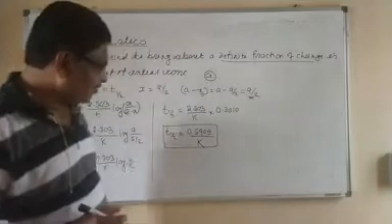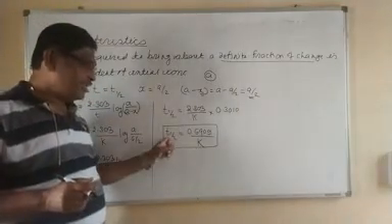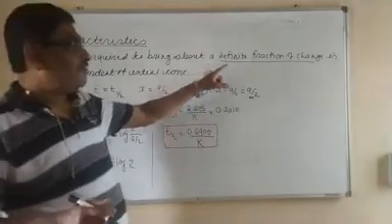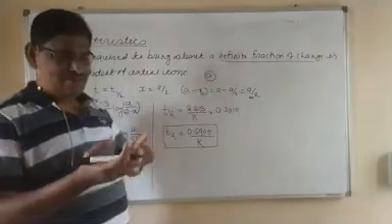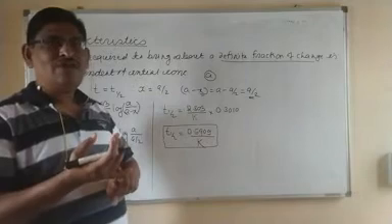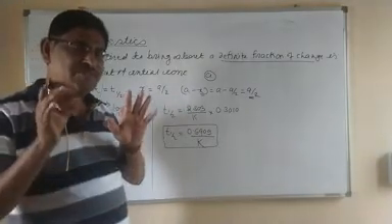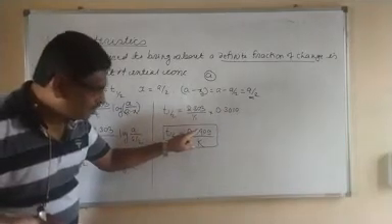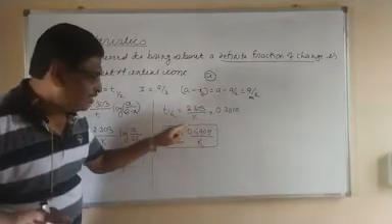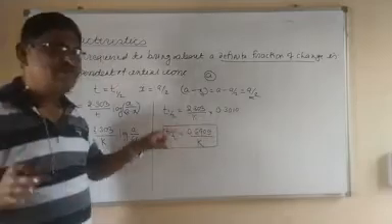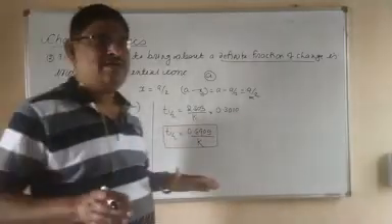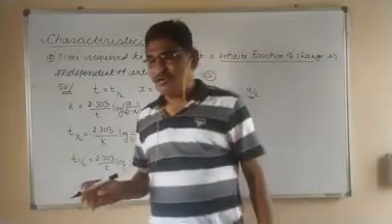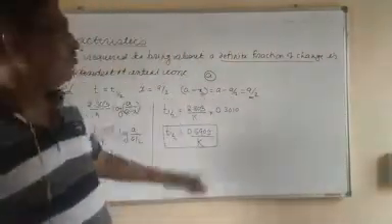We may consider different fraction changes: 1/3, 1/4, 2/3. If we solve all these equations, then only this constant term changes, the rest remains as it is, and therefore we conclude that the time required to bring about any fraction of change is independent of initial concentration. This is about this one.